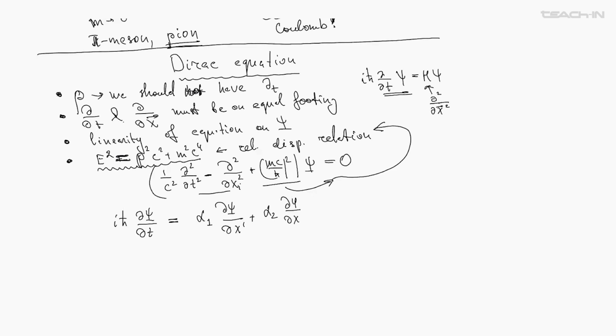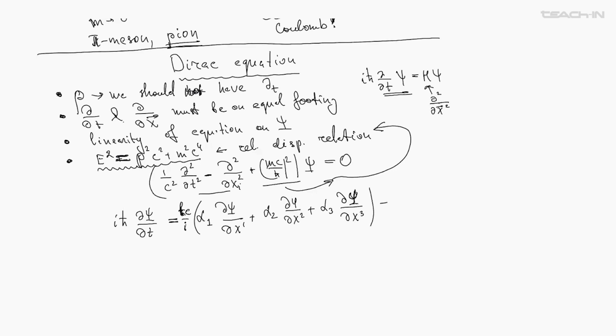Spatial derivatives. And for the latter, I will put just an overall coefficient, which is needed for my purposes. It's not essential, but to have proper physical normalizations of all these quantities, I will put here h bar c divided by i.